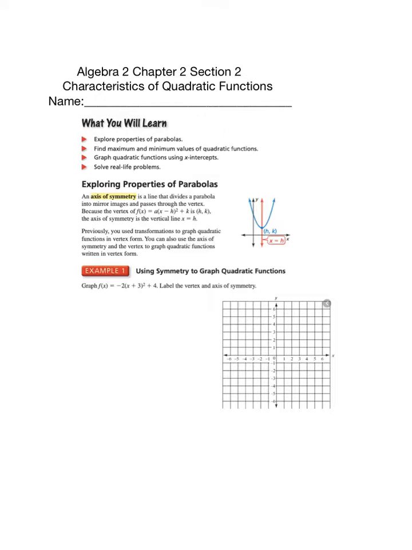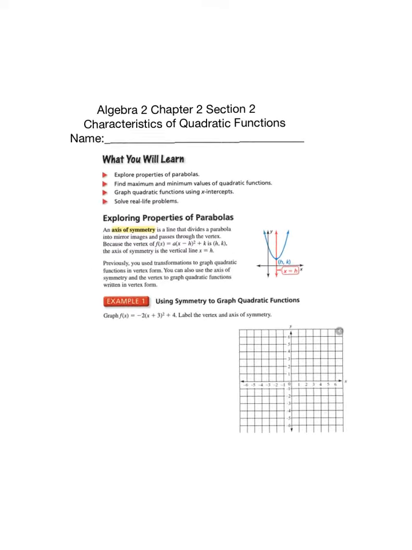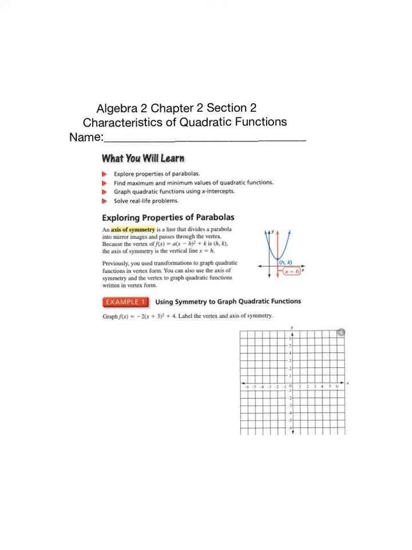Just as a spoiler, I just wanted to show you that there's a formula that's going to be very important to us, that we're going to be using quite a bit this year, and the formula looks like this. It says H equals, I'll put it up here. H is equal to negative B divided by 2A.